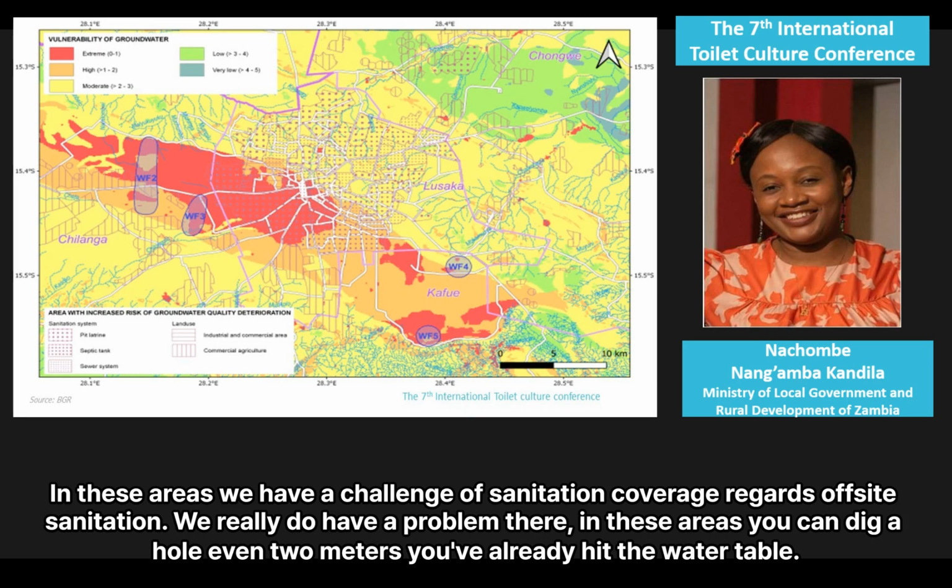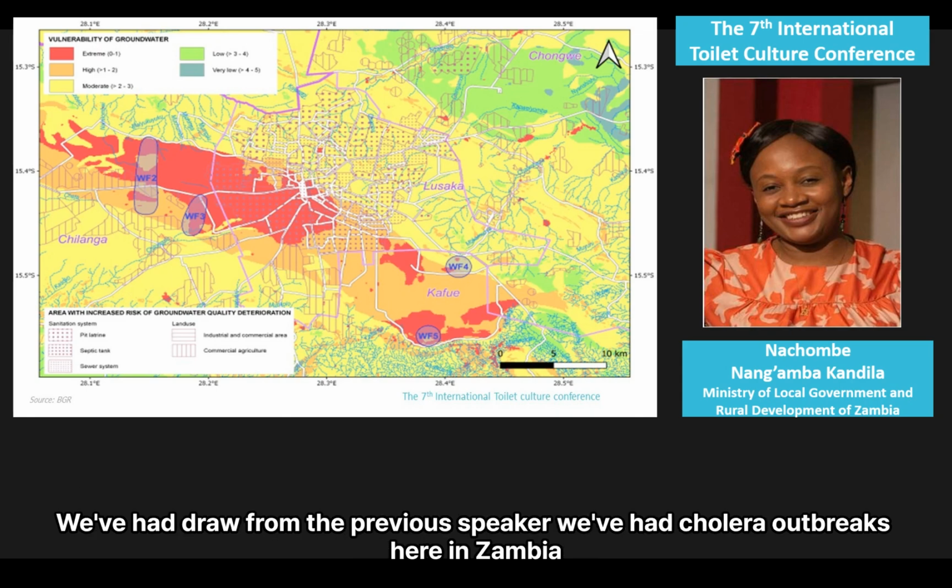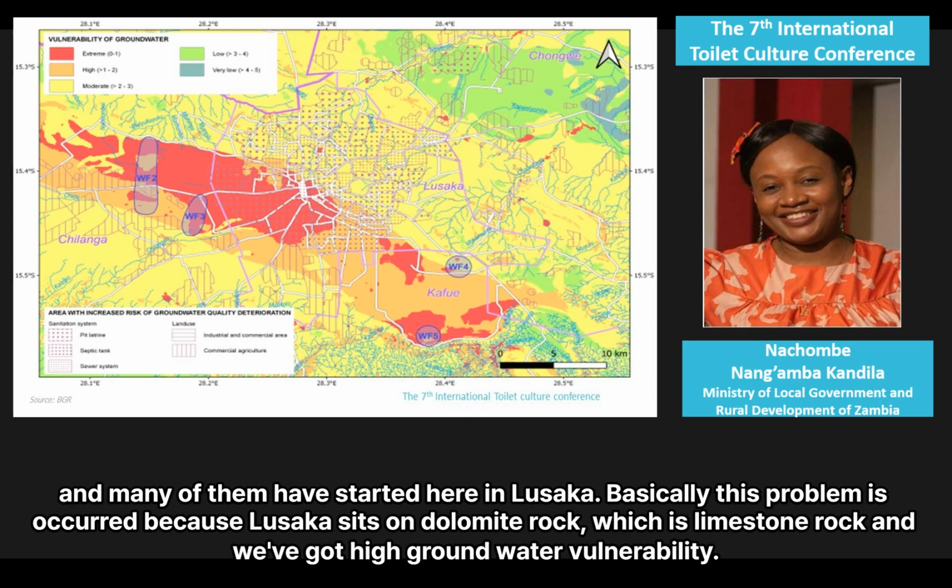In these areas, if you dig a hole, even 2 meters, you've already hit the water table. So if people have pit latrines there which are not lined, it speaks to the previous picture. We've had cholera outbreaks here in Zambia, and many of them have started in Lusaka, basically because of this problem.